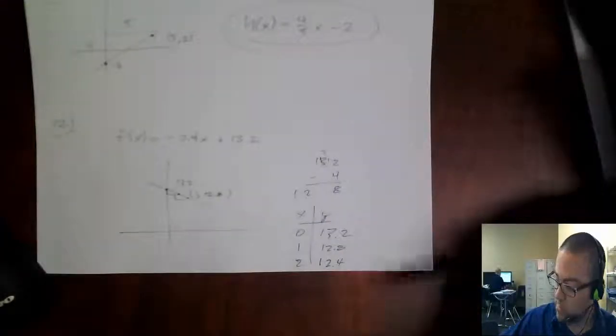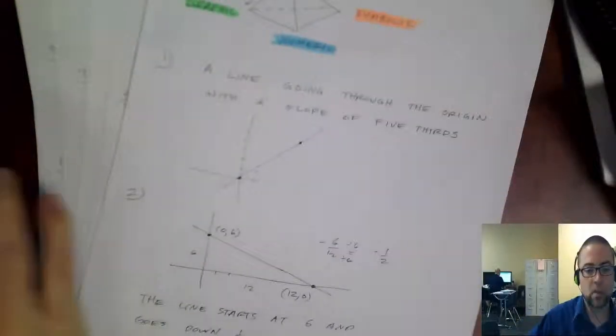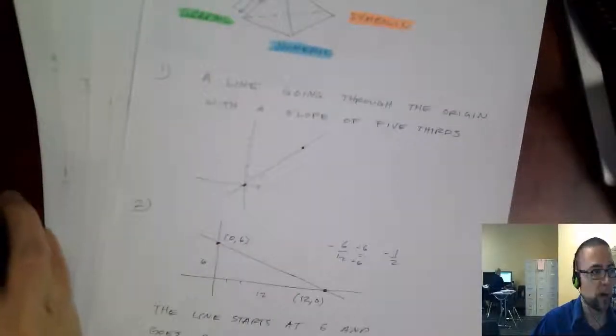Okay, so there are the 12 steps going between each of those different types: verbal, symbolic, graphic, and numeric. Okay, we have some practice problems for you.